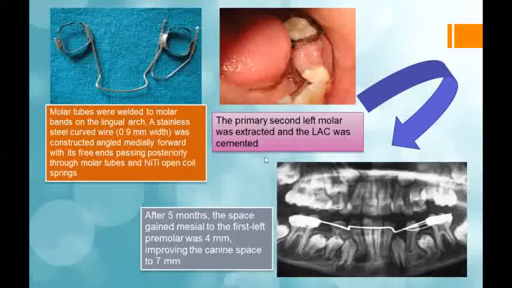Then the primary left second molar was extracted, and the appliance was cemented into the arch. After 5 months, the space gained mesial to the first left premolar was about 4 mm. That is in addition to the previously present 3 mm, so the canine space improved to about 7 mm.